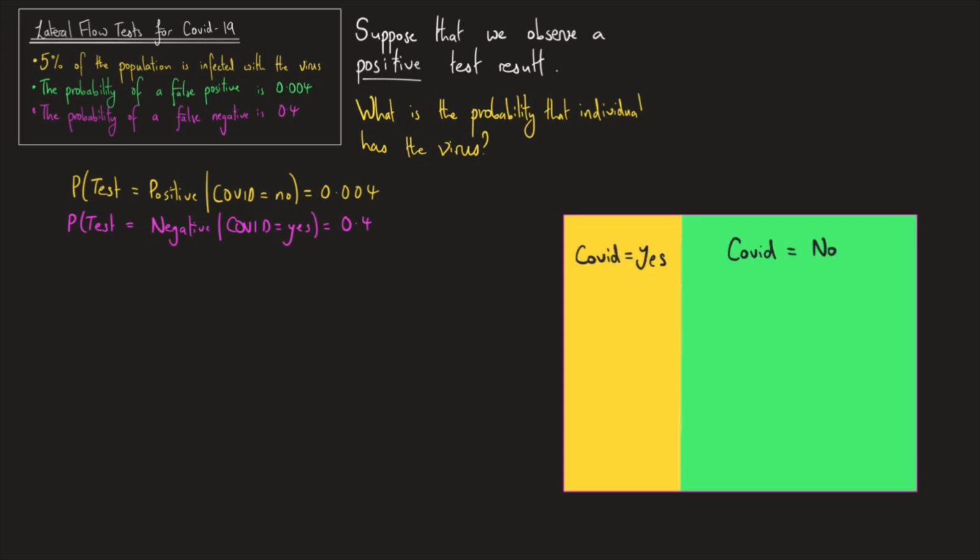Now, amongst those who are suffering from COVID, some will experience a negative test. So let's indicate them with the purple area. And similarly, some of those who don't suffer from COVID will experience a positive test. So let's label each of these areas.